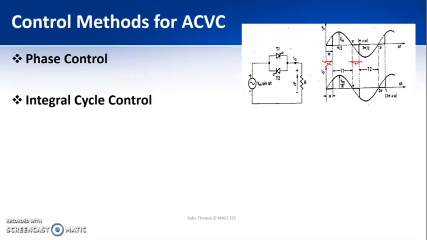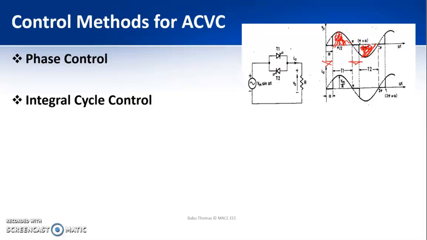As we discussed, the AC voltage controller converts a fixed alternating voltage to a variable alternating voltage. Depending upon the angle at which you fire the thyristor, the average output voltage changes. This shaded area will change depending upon the angle at which you fire your thyristor.